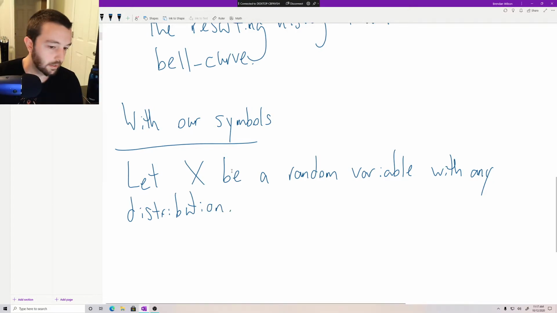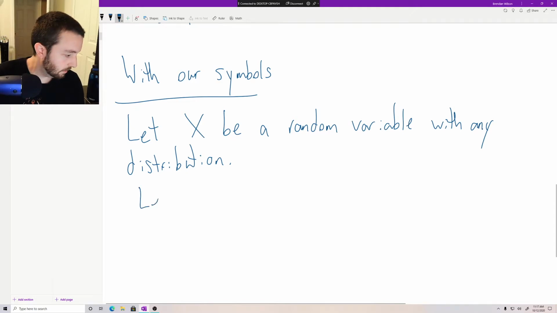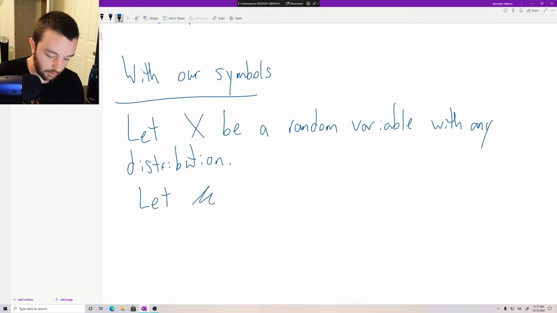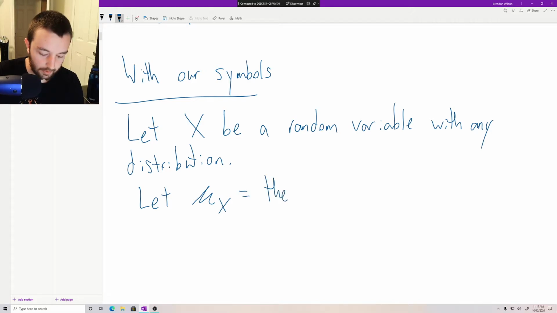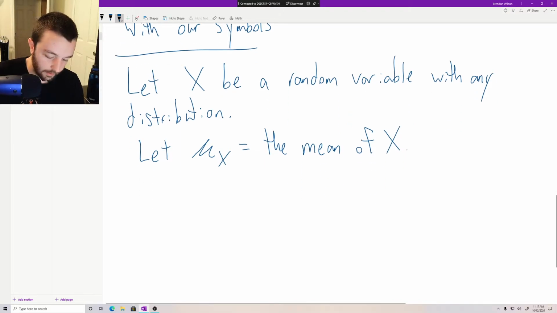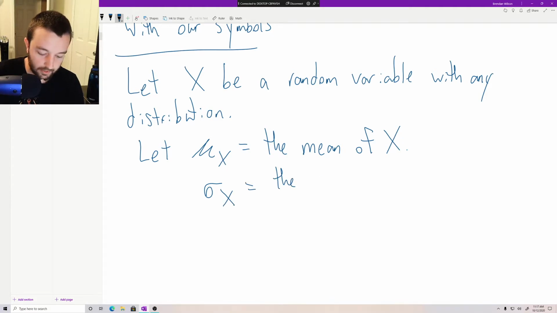Let mu subscript x be the mean of x. Remember, mu is the population mean. We're going to use a subscript of x for the population. And then we're going to let sigma with the subscript of x be the standard deviation of x.